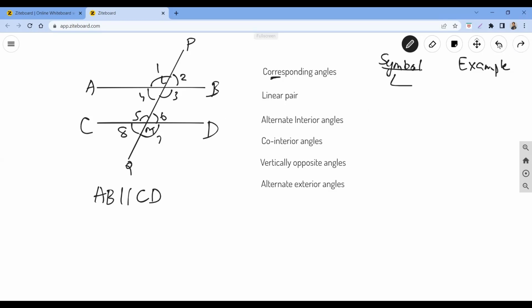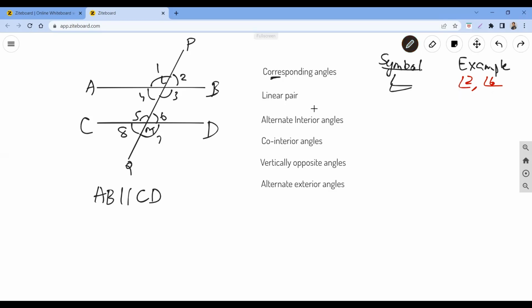The two angles you will have like that are angle 2 and angle 6. And one more thing we have to remember: corresponding angles are equal. I'll come to that in the end. As of now, let's say 2 and 6 are corresponding angles.